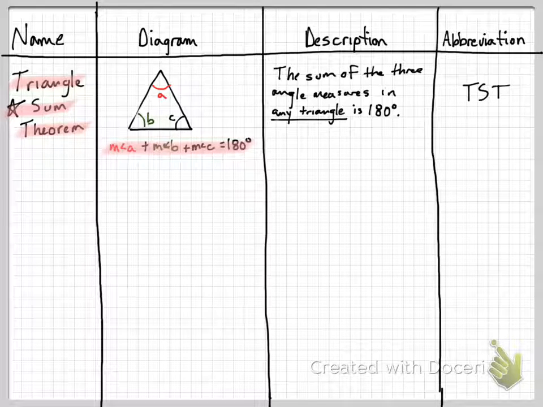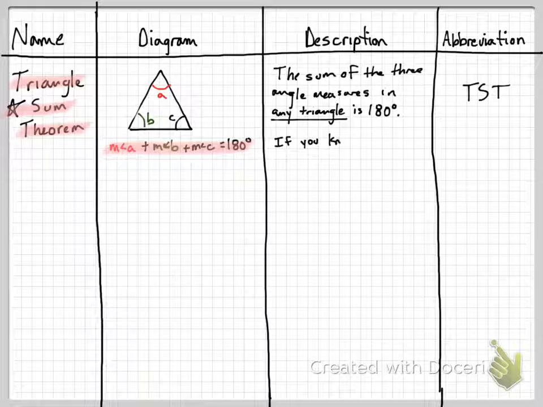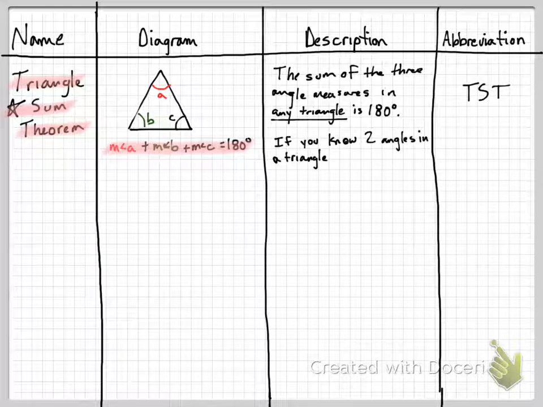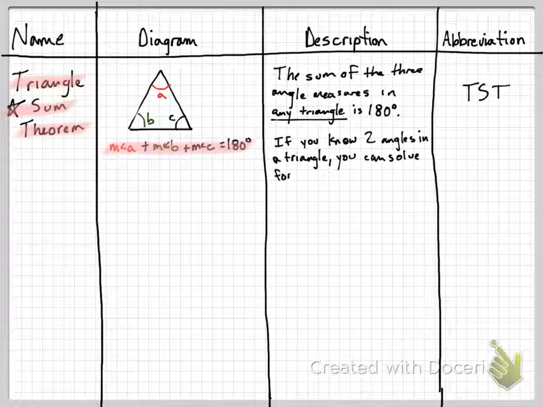So this is the part that you needed to write. What I want you to write here is, if you know 2 angles in a triangle, you can solve for the third with TST.